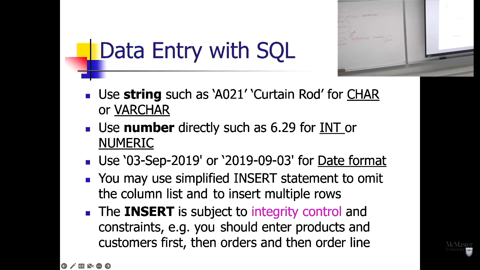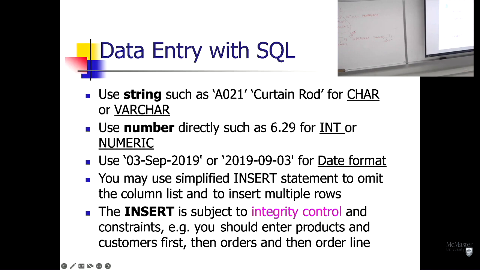Or, for example, you cannot insert information in a dependent table before the table that it depends on. For example, if you want to insert information in the order table, you have to first enter product and customer. Why can we not insert information in the orders or order line first?